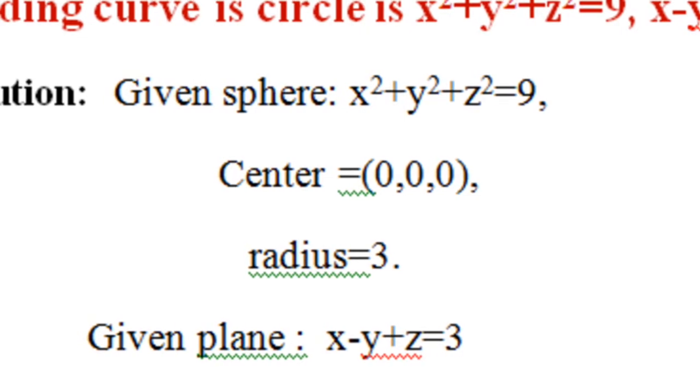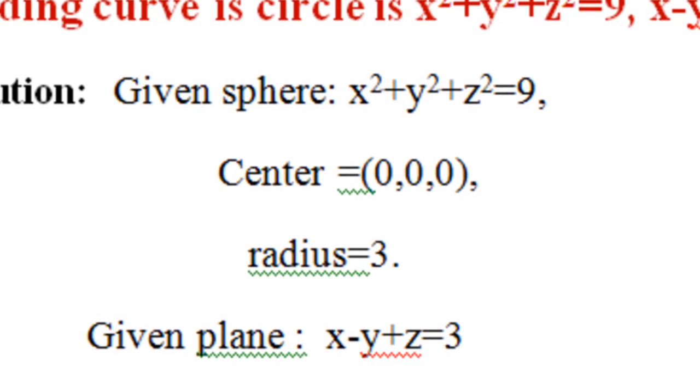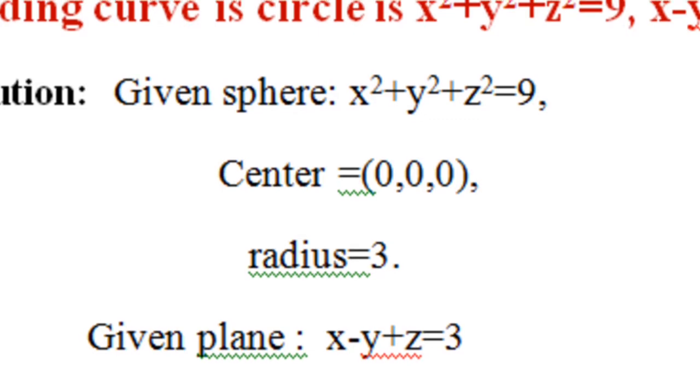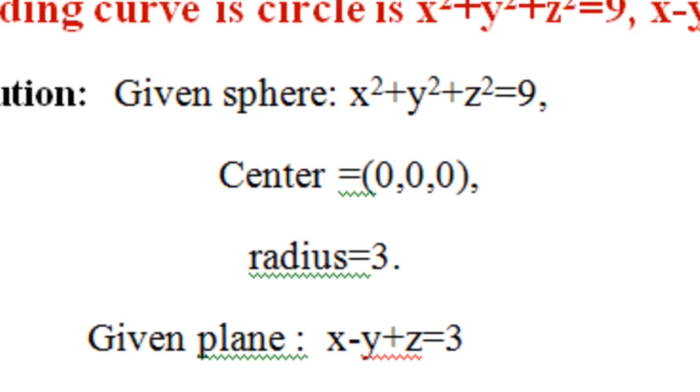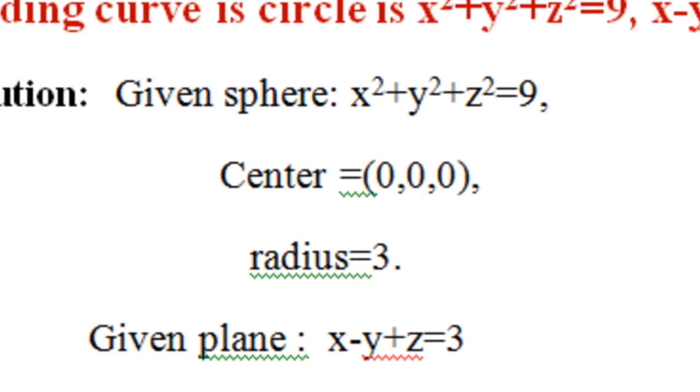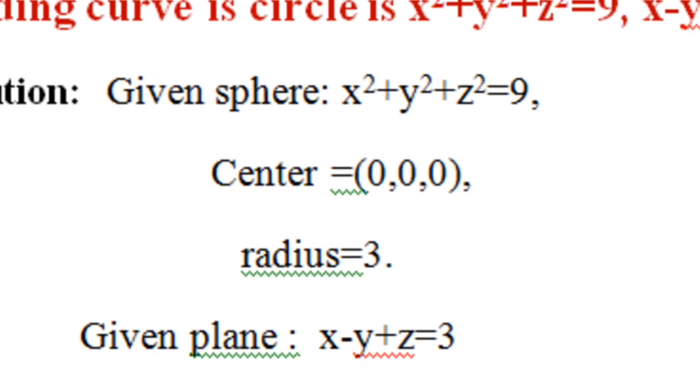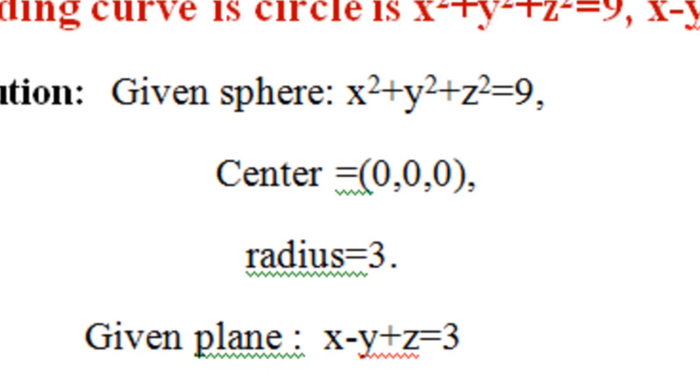Similarly, to find the radius, we have the formula root of u square plus v square plus w square minus d. Here u, v, w are 0, so 0 minus d value, which is minus 9, minus of minus 9 will become plus 9, and root 9 is equal to 3.